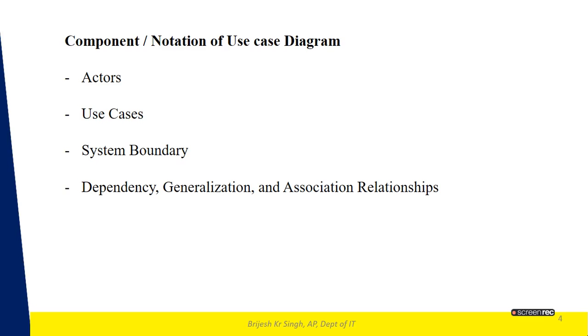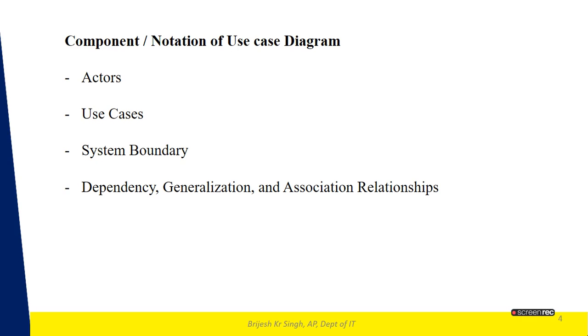Next point is the system boundary. It is represented by a rectangle. The rectangle around the use cases is called the system boundary. The use cases inside the rectangle represent a functionality that you intend to implement.